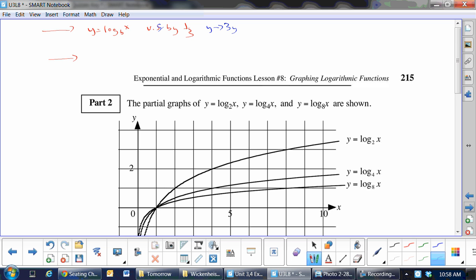Now, let's do it. So that would be 3y equals log base b of x, which is the same thing as y equals 1/3 log base b of x, which is the same thing as y equals log base b of x to the 1/3.